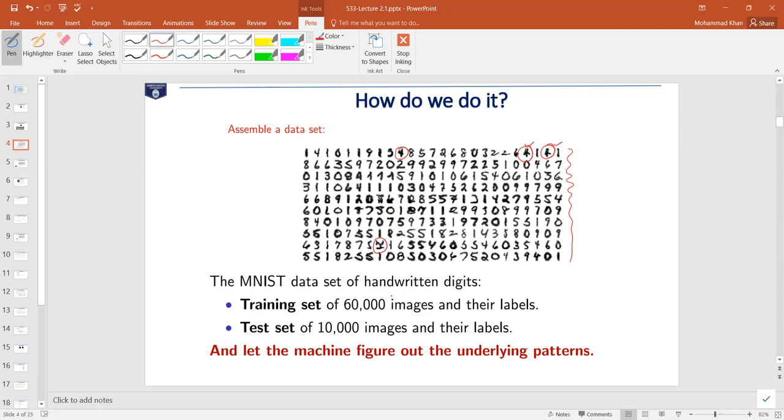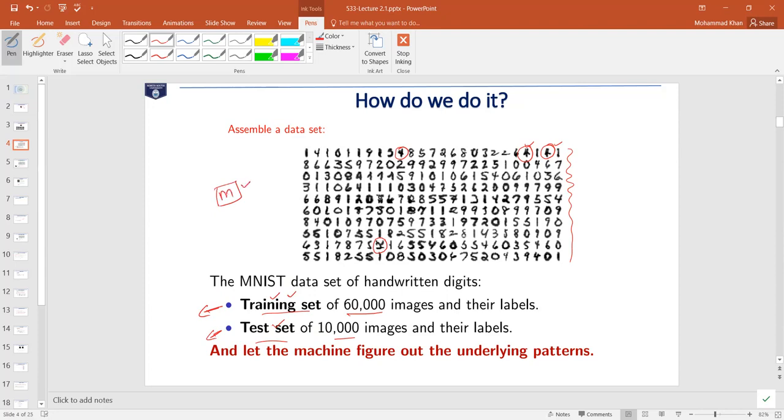In the MNIST dataset, there are 60,000 images that can be used as the training set, and there are 10,000 images that can be used as the test set. Training set means we use them to train our model, and test set means we use them to test our model. Then what is a model basically?